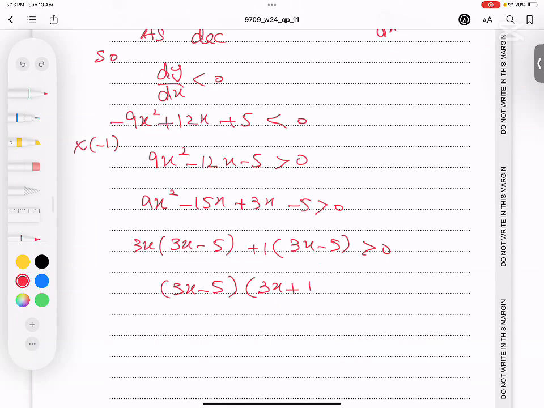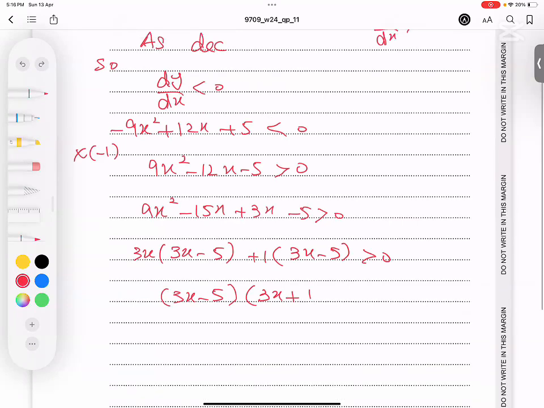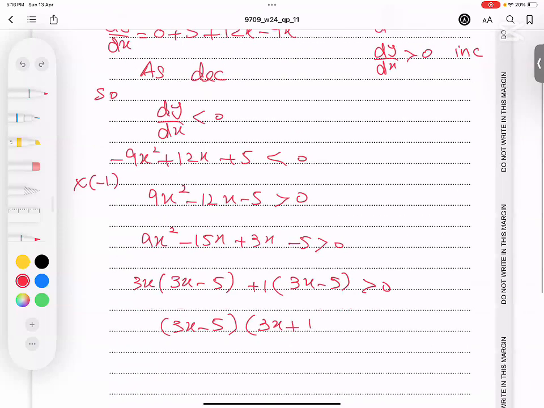Let me recheck. Just a minute, students. 5 by 3. Okay, no, this is correct. So we are getting two answers here, 5 by 3, and the other.